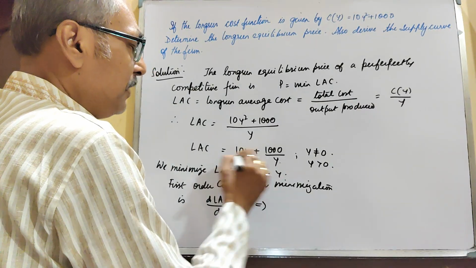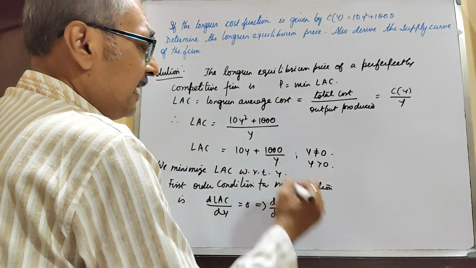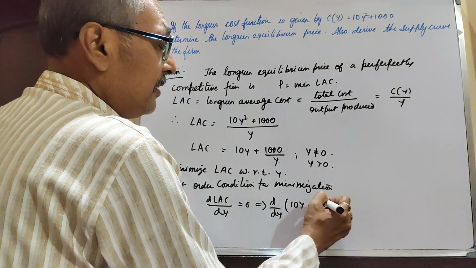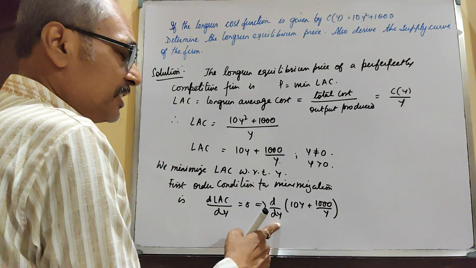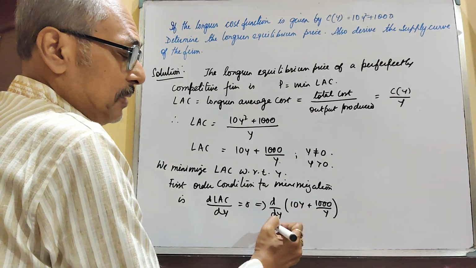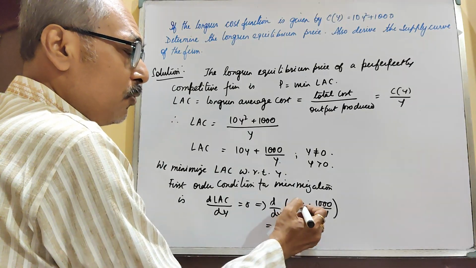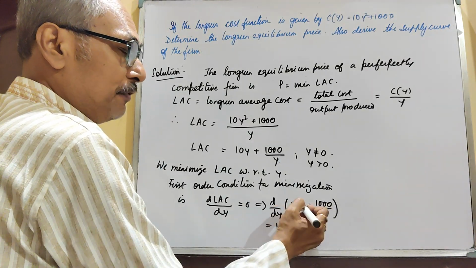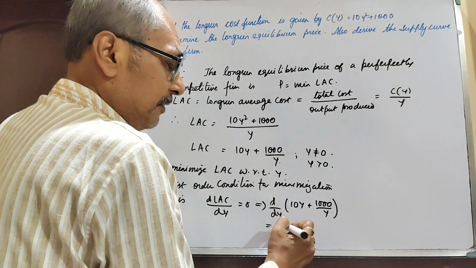This implies we differentiate LAC, that is 10y plus 1000 by y, with respect to y. The 10y becomes 10, since 10 is a constant and y with respect to y becomes 1.